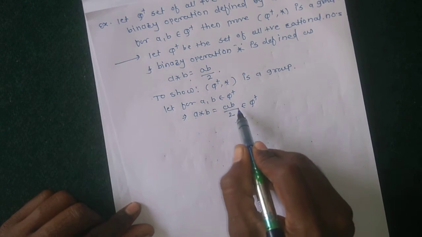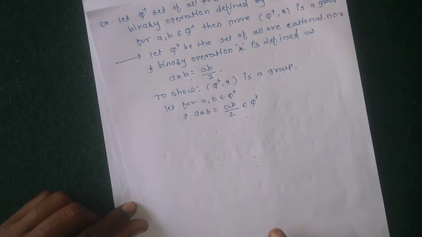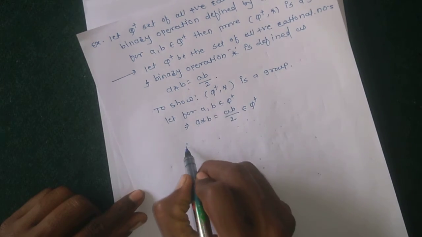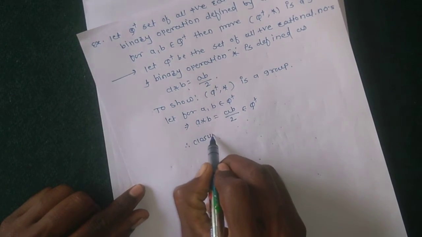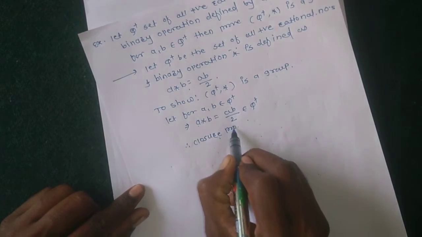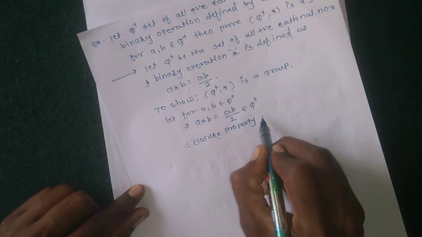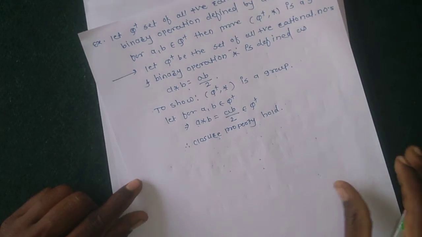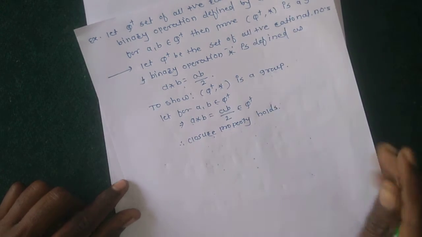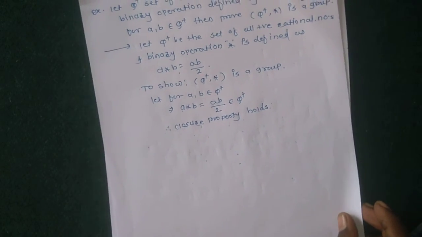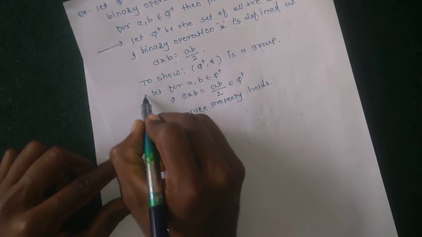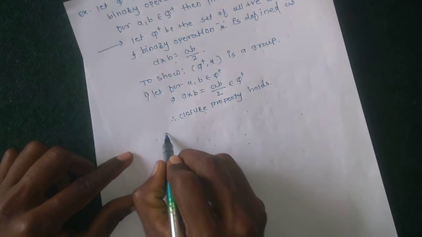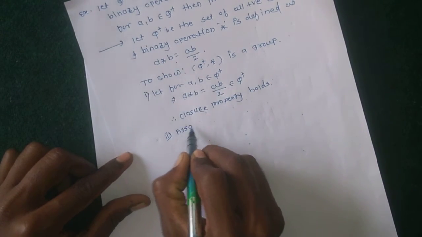Therefore a star b equal to ab by 2 belongs to Q plus, and the closure property holds.